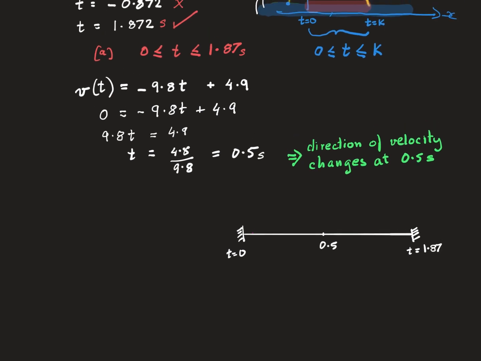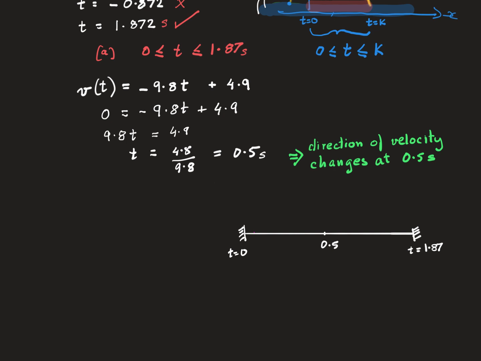To find out the values inside, we just need to take that 0 and substitute it in the velocity function. And if you substitute 0 in here, we get a 4.9 value, which really means that that's going to be positive. And if we get anything bigger, then we'll get a negative value over here.